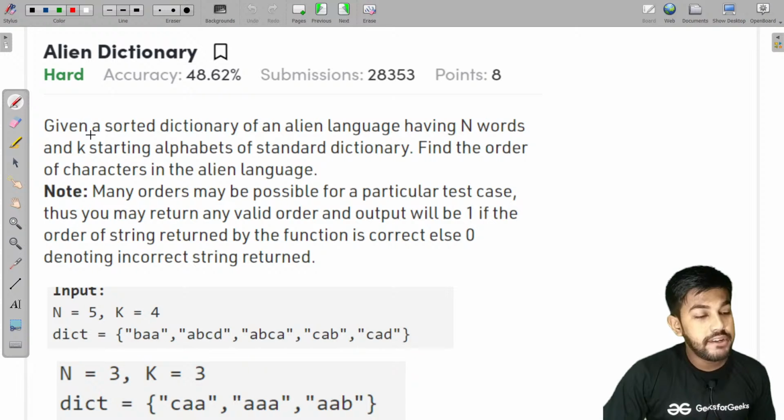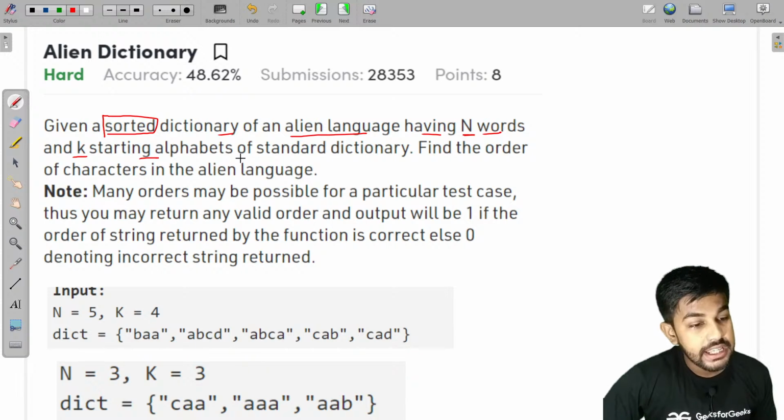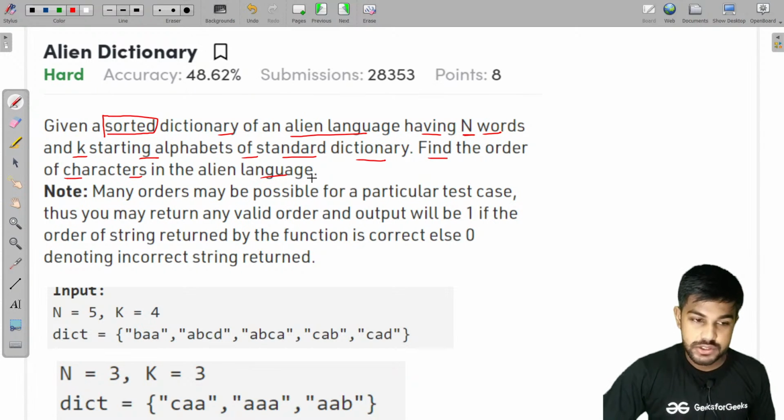So we are given a sorted dictionary of an alien language having n words and k starting alphabets of the standard dictionary. Find the order of characters in the alien language.